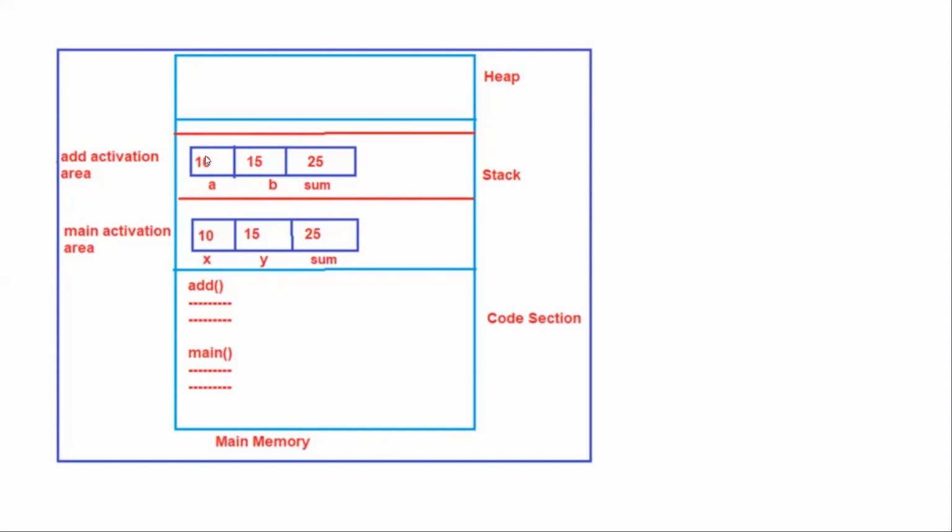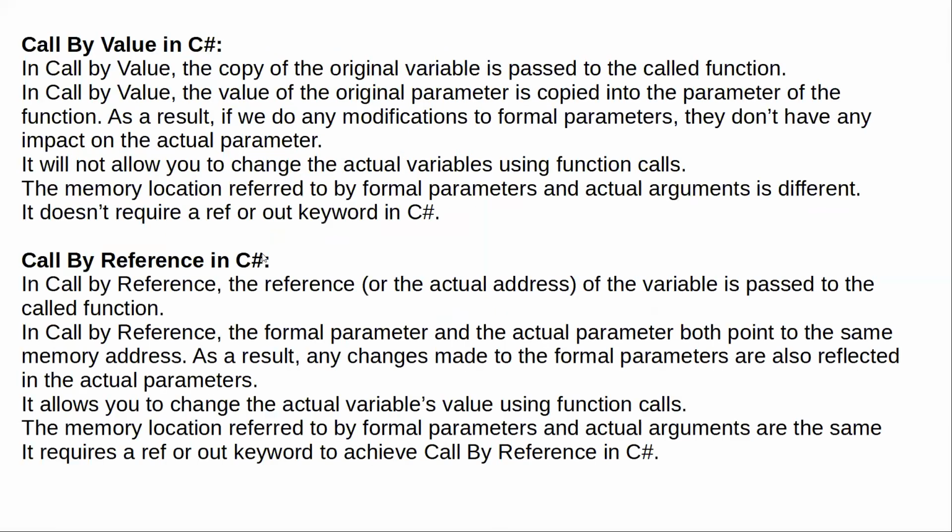Is that going to be modified again in the x value? No, because this is a separate variable. Variables are different. That's why if you modify the value in a or b, there will not be any impact to the variables defined in the main method. That's what we are trying to say here.